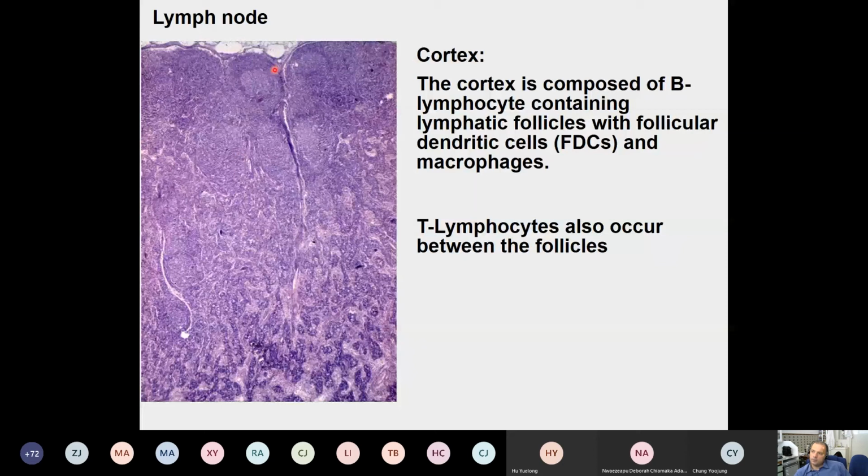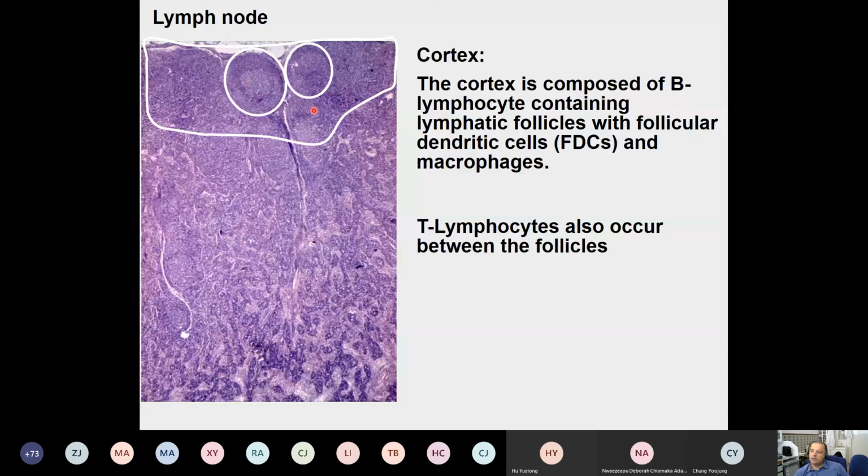And if we study that for a moment, one can already identify oval, round structures with a paler center and a darker periphery. These are the lymphatic follicles containing B lymphocytes. And here we have follicular dendritic cells, macrophages, and so on. This is what I started the lecture with today. Okay, so we have lymphatic follicles in this.